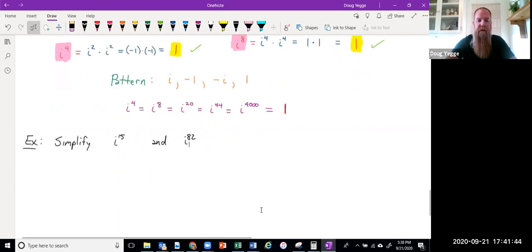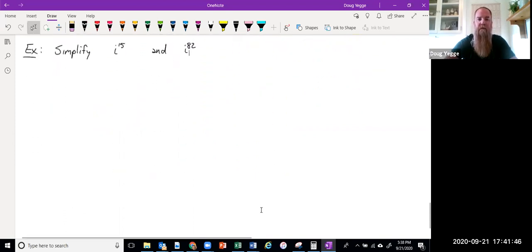Well, all we have to think about here is the closest multiple of 4 that's near 15. So I could realize that i to the 15th is the same as i to the 12th times i to the 3rd. This is helpful because I know that i to the 12th, since 12 is a multiple of 4, is automatically equal to 1.